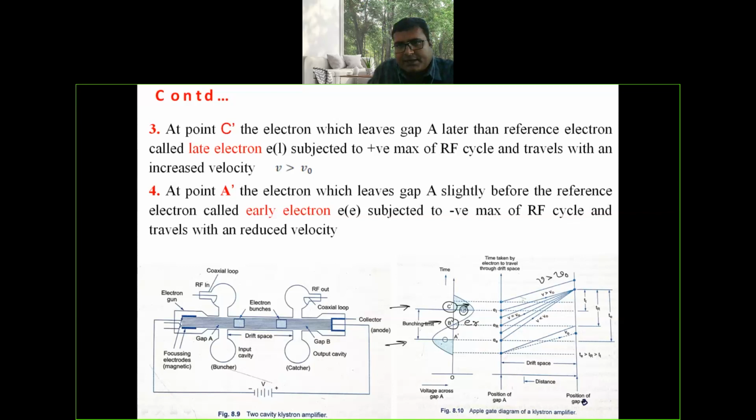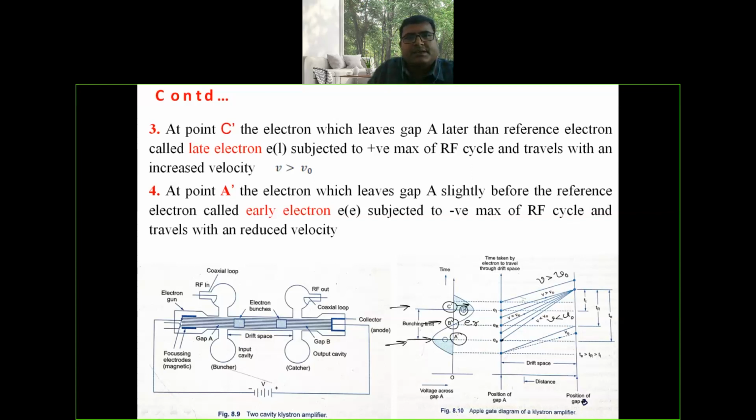And the electrons which leave gap A at this particular instant are subjected to negative maximum of RF cycle, and they are decelerated, and move with reduced velocity V less than V naught.